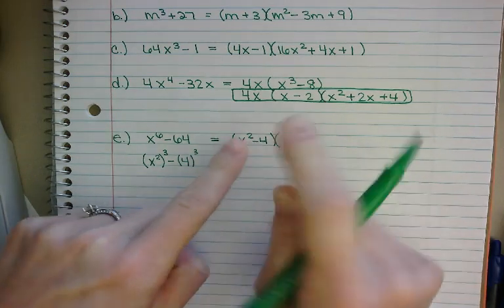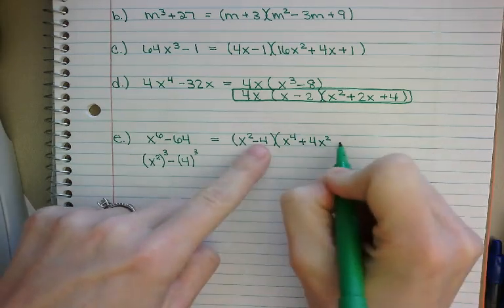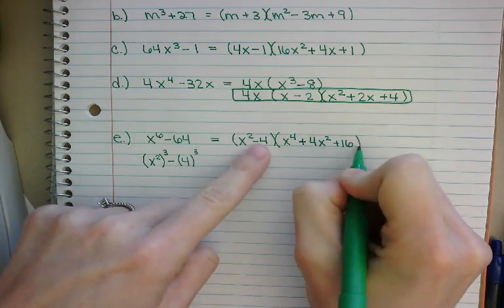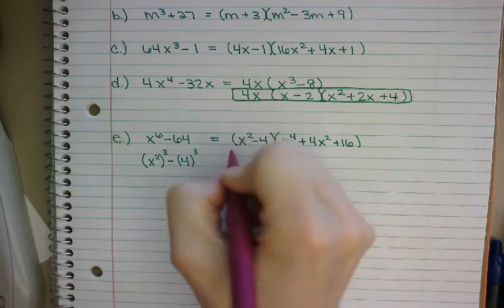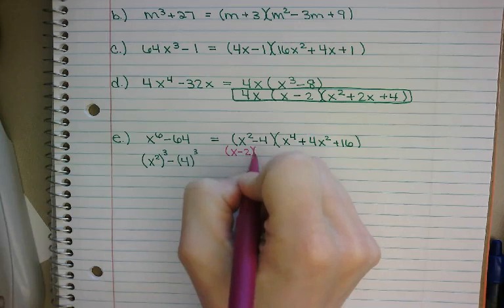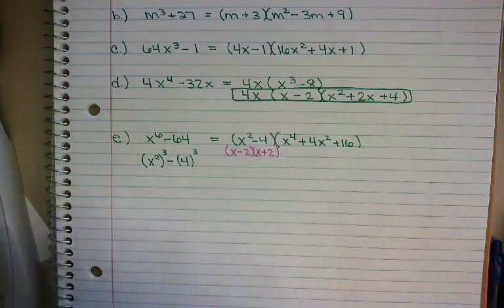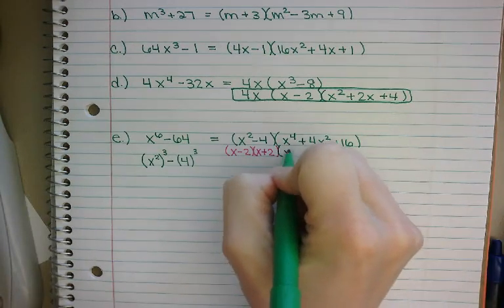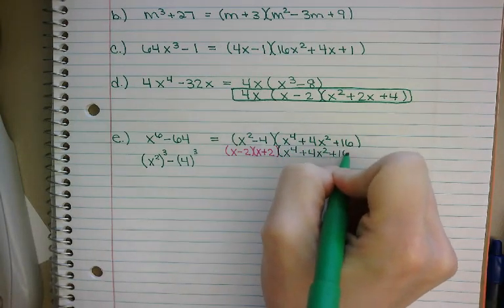Sign change, the product, and then we're going to square. Now, one thing that can happen, this is the difference of two squares. So this can now factor into x minus 2 and x plus 2. And you're expected to factor down completely. X to the 4th plus 4x squared plus 16.